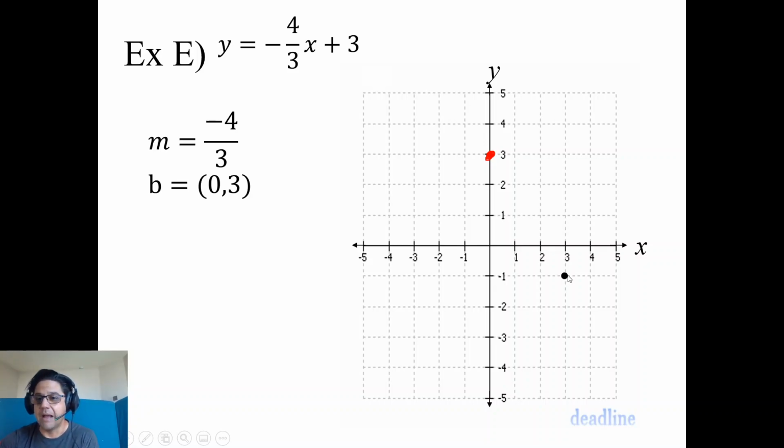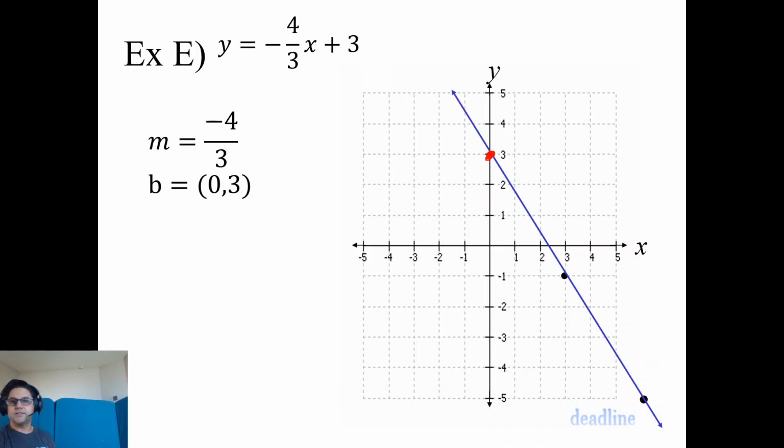Beautiful. Now, I'm probably going to go off a little bit, but yours on your assignment should be a little bit better. Down 4: 1, 2, 3, 4. Right: 1, 2, 3. Again, you can tell your parents, I taught you how to count today. We're counting 4 boxes, then 3 boxes. All right, make your line, arrows, equation.